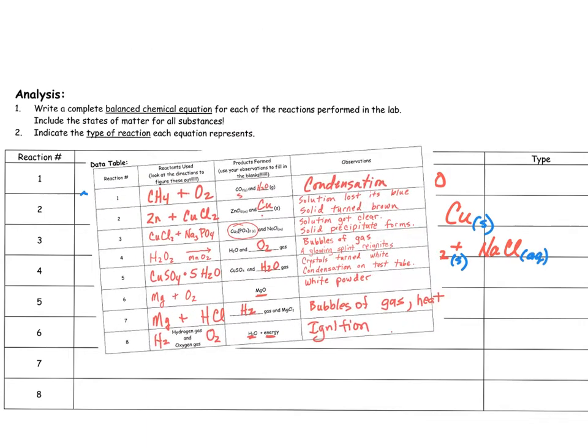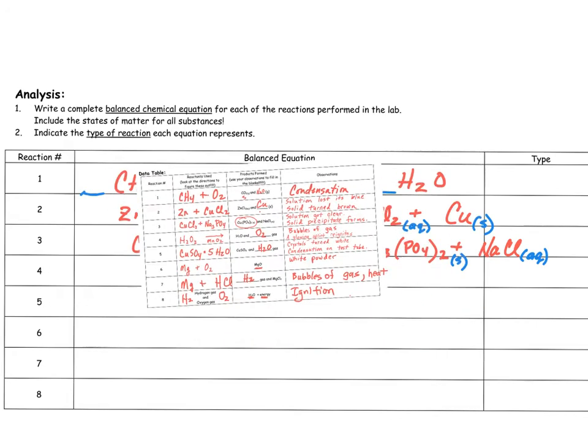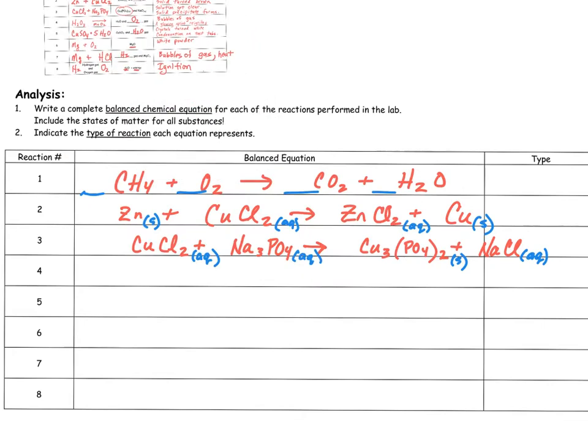All right, reaction number 4. H2O2, hydrogen peroxide, with manganese dioxide as a catalyst. That reaction will look like this. H2O2. Now, the fact that we have manganese dioxide as a catalyst, we're going to write that in underneath the arrow as MnO2.